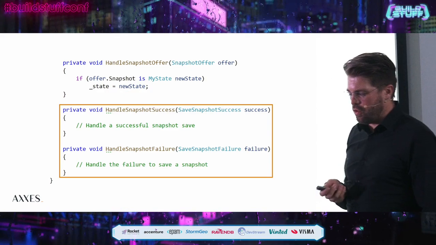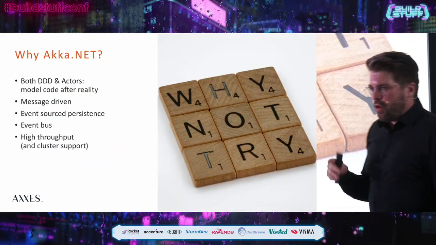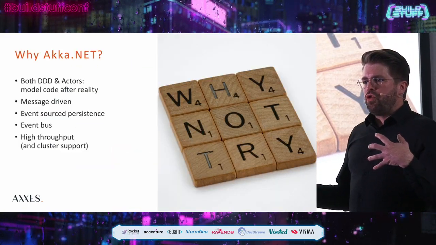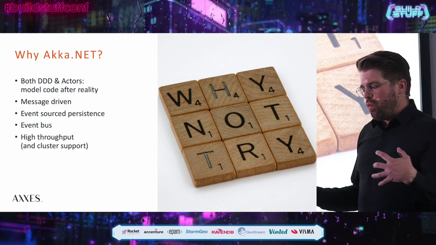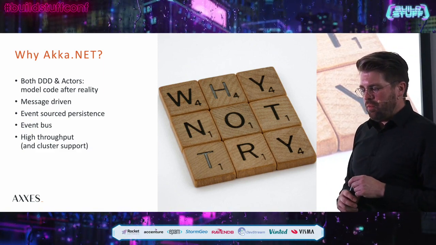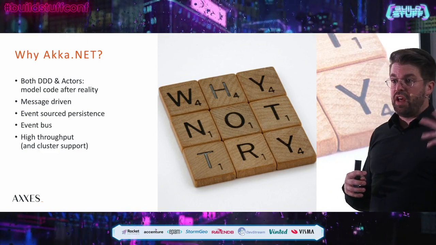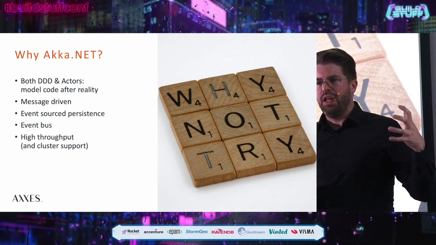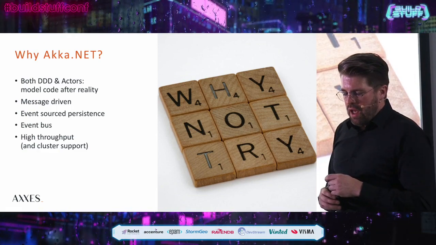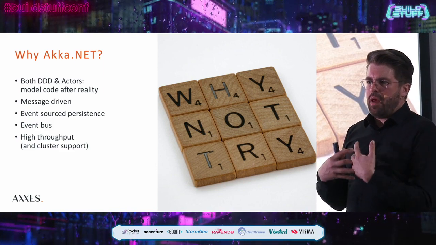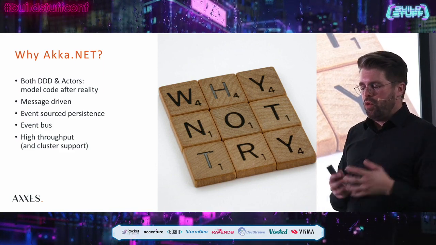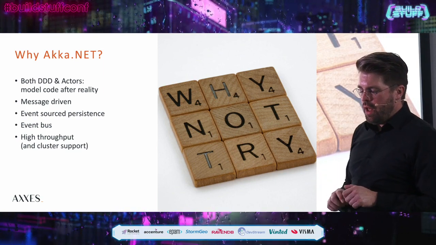You don't have to, but it's a good idea. So you can already feel that these 2 stories, the DDD world and the actor world, fit together extremely well, because event sourcing is actually the persistence model that is already in Akka.NET. They both attempt to model code after how the world works, so that is a really good one.